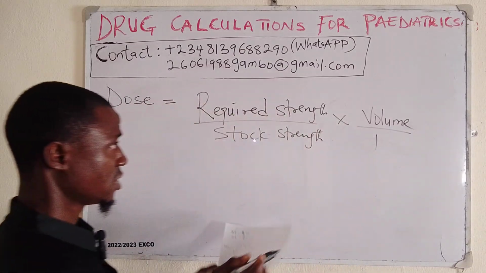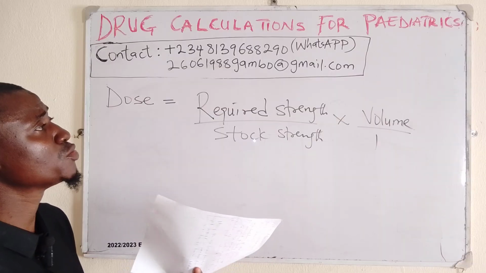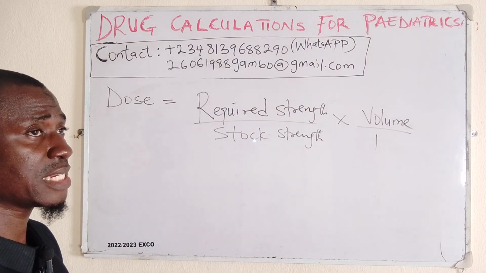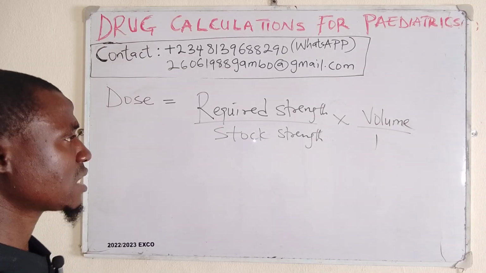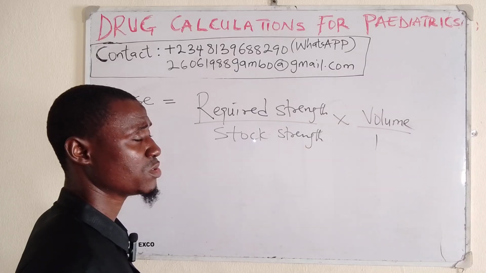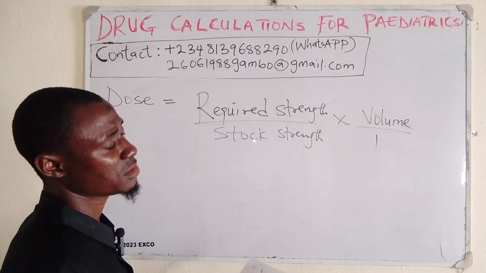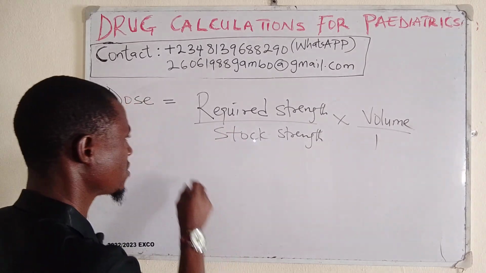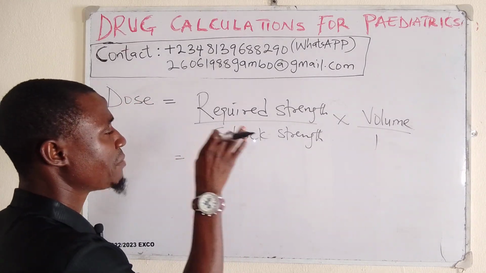So this is the formula we can comfortably use to calculate the dose of the drug that we just calculated, in mils. So whatever answer we have here is going to be in mils, and will be equivalent to the dose that we just calculated in milligram. Now what is the required strength? Required strength is the amount that we just calculated.